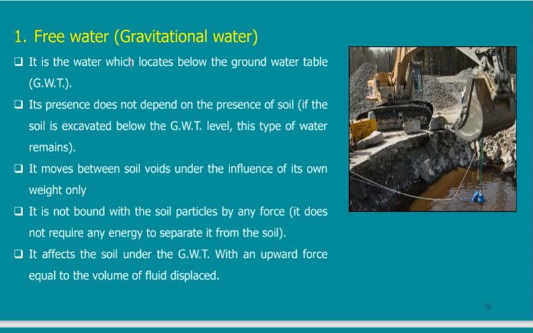So any water below this ground level is called the free water, because it moves from one place to the other. Its presence does not depend on the presence of the soil. If the soil is excavated below the groundwater table, this type of water remains.